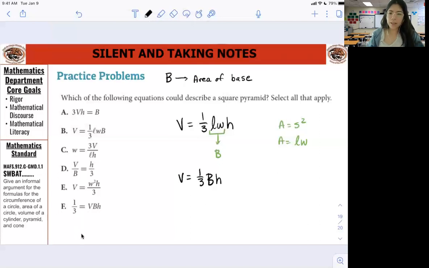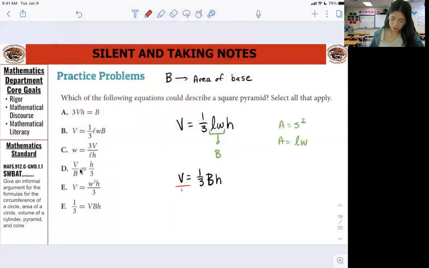Wait, D or I thought you said F, sorry. D. How could you get D? What does it seem like they did? How would you get this? V over B. It's not that complicated. What did they do? They divided by B, right?